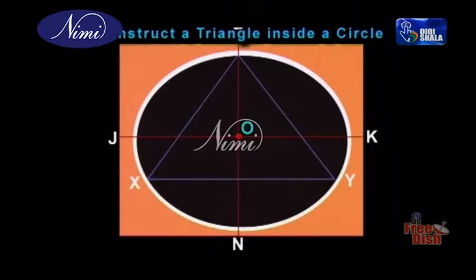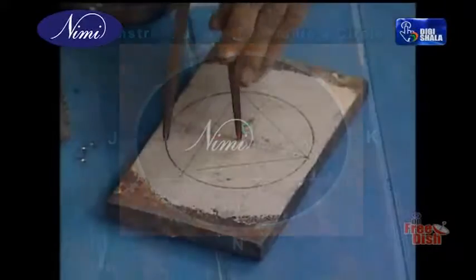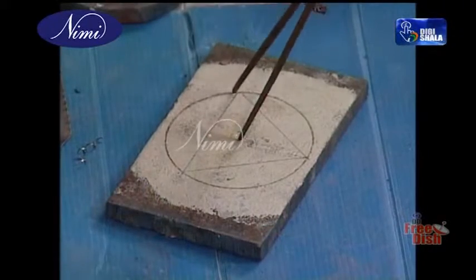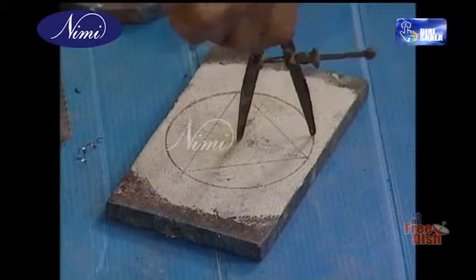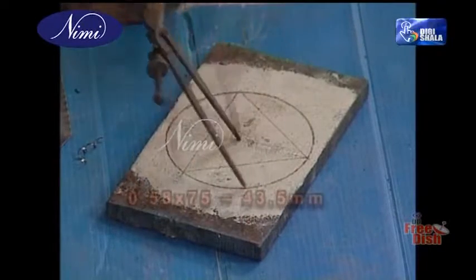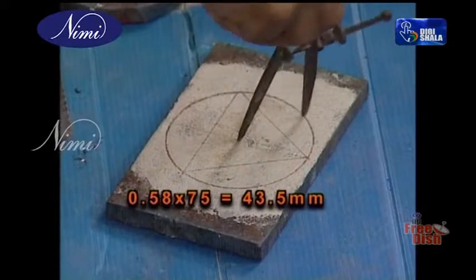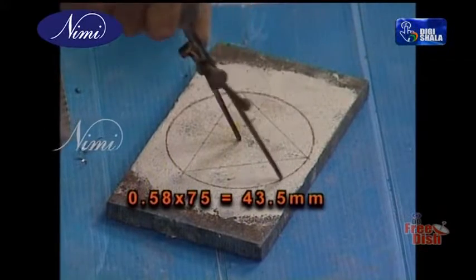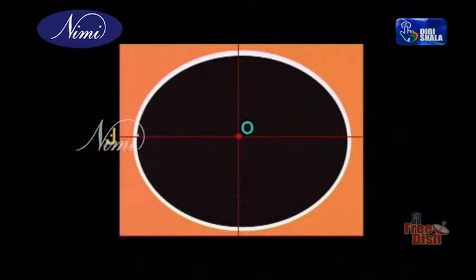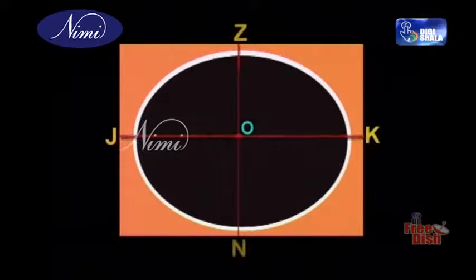Construct a triangle inside a circle. Draw the radius of the circle as 0.58 times the side of the equilateral triangle. That is 0.58 into 75 is equal to 43.5 mm. Draw the circle with the above radius and mark the center lines JK and ZN.